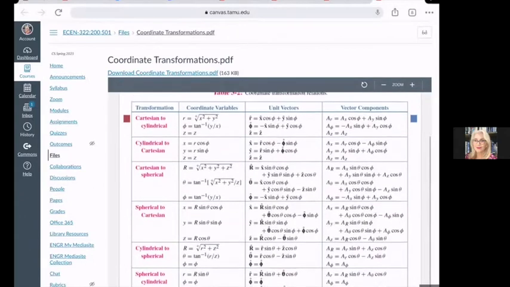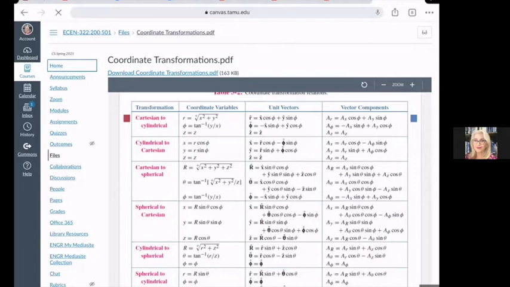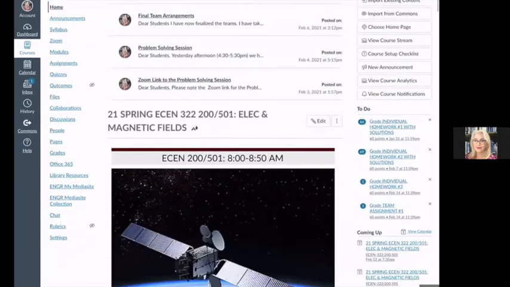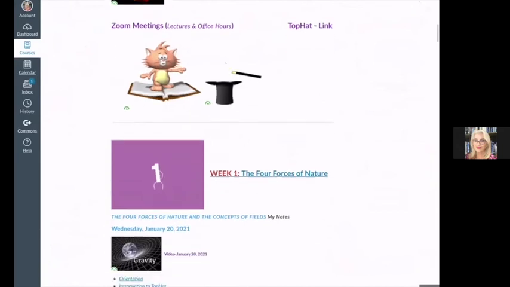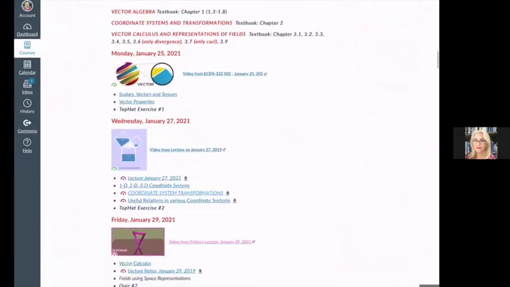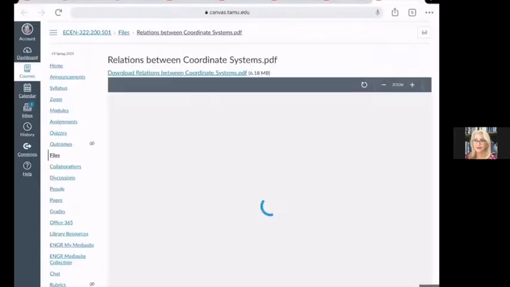The other one that I had put from very early when we started the class is the next one below that says useful relations in various coordinate systems.